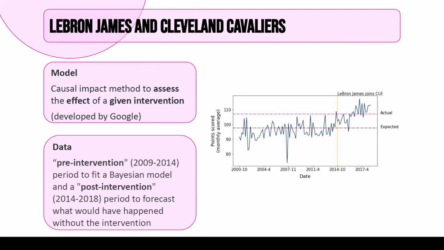We have the data provided by the NBA, which are public, of all the points and the wins and all the other data about the Cleveland Cavaliers in time. Here they are aggregated by month. And I use them as pre-intervention and post-intervention data to assess the effect of LeBron James on this team.